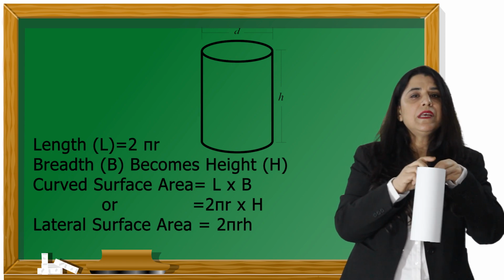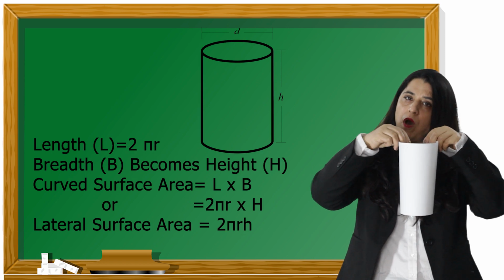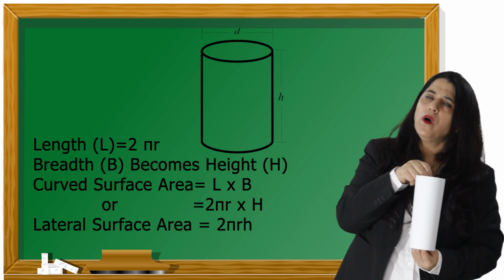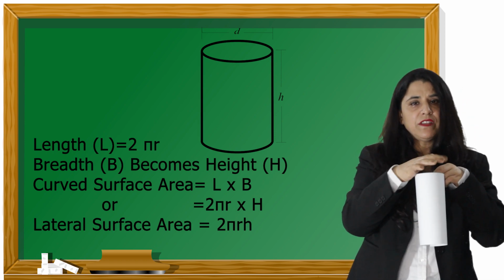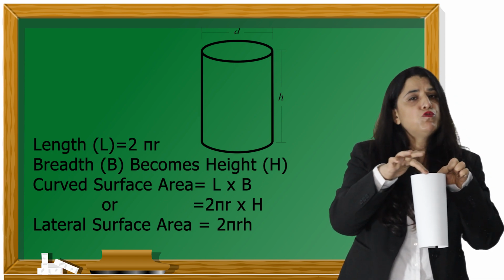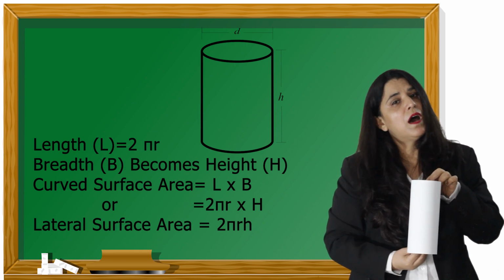So what can we say about this cylinder? Cylinder is formed from a rectangle when it is folded across the length or across the width, that I'll show you. When it is folded across the length, length becomes equal to 2 pi r, whereas the breadth becomes equal to the height.